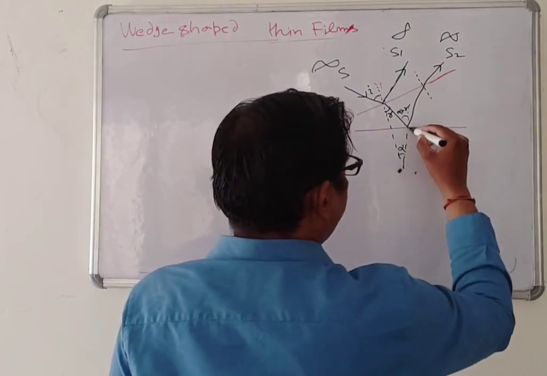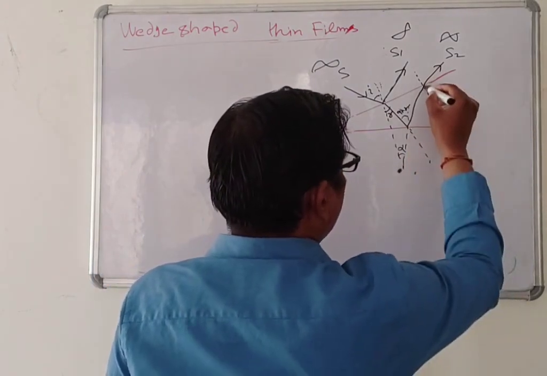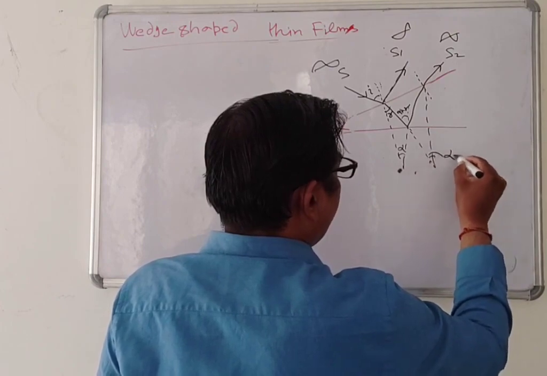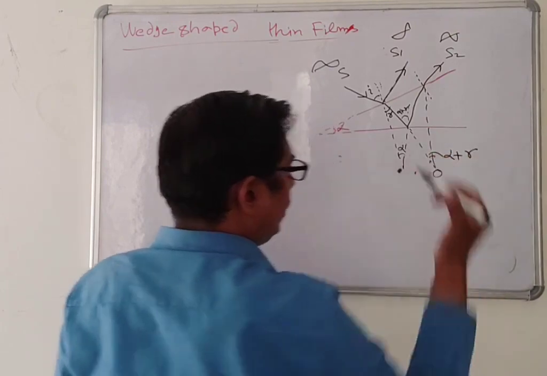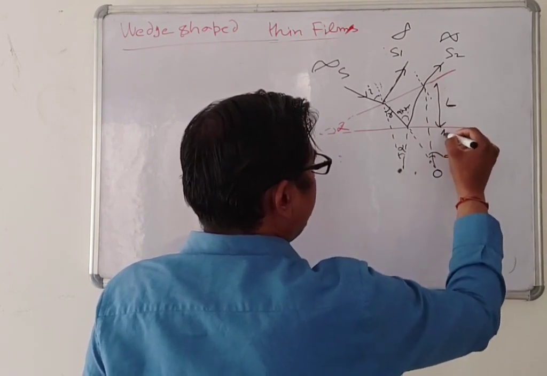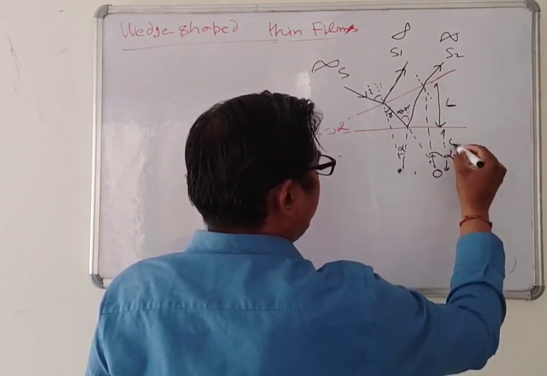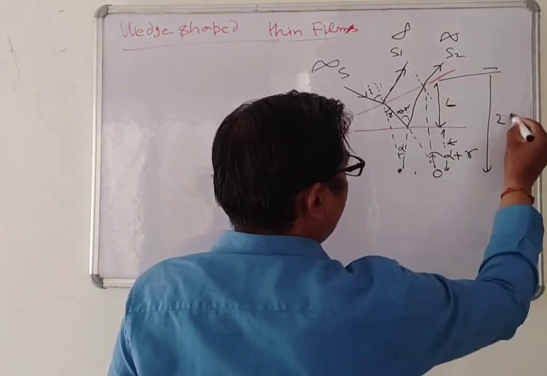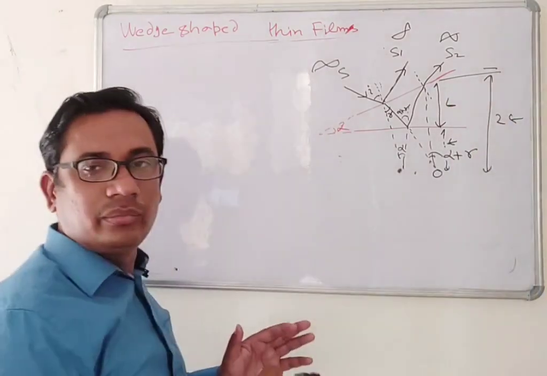When you extend it like a parallel thin film, this angle is alpha plus r, this is angle O, the thickness from here to here is t, and here to here also t, finally from here to here the thickness is 2t. Everything is the same as in a parallel film.